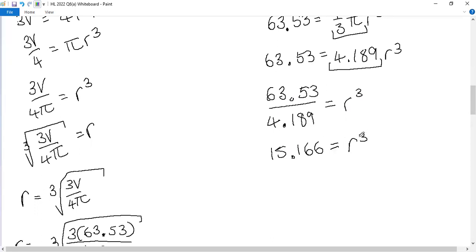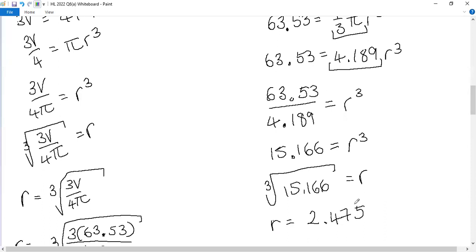That's actually the cube of the radius, and this is where I still need to come in with my cube root on my calculator, my little 3 and my root. 15.166 is r, not r cubed anymore, okay? And I'm just going to move my r over here because that's how I like it. And I should come out with the same answer as I got at the other side, doing the same thing, just a different method.